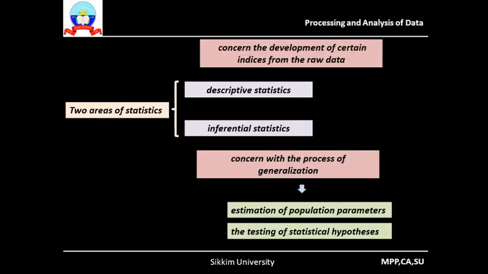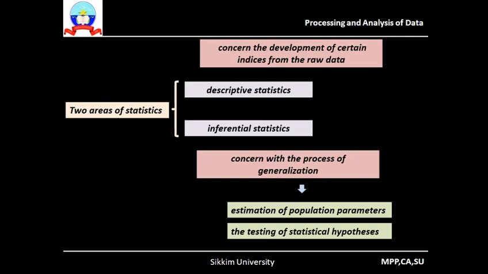Now let us talk about the spheres of statistics. There are two distinctive areas of statistics. The first one is called descriptive statistics, and the second one is called inferential statistics.